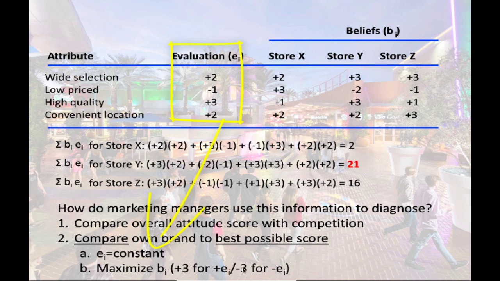Because if it's an attribute that consumers don't like, then you want your brand to be perceived to have as little of that as possible. But if it's an attribute consumers do like, then you want them to perceive that your brand has as much of it as possible.